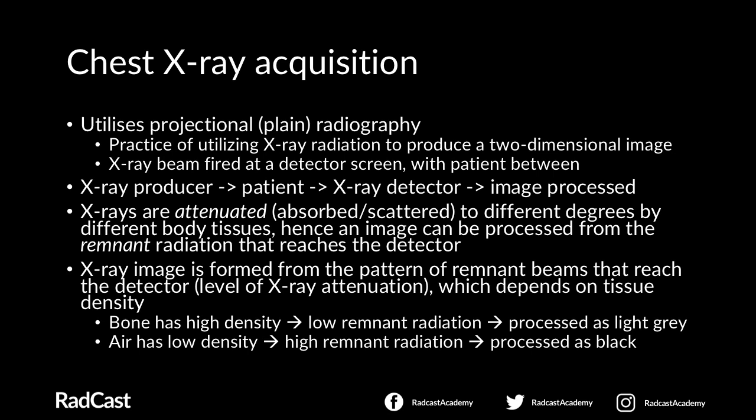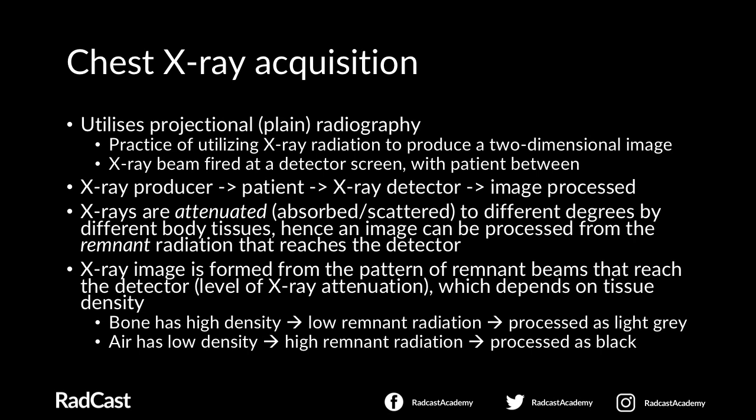In practice, in very simple terms, an x-ray beam, or let's say lots of x-ray beams, are fired at a detector screen which composes the end image, and your patient is placed in between the beam source and the image detector. Now, the resultant image that's processed is all based on the concept of x-ray attenuation. In essence, attenuation refers to the amount of x-ray radiation that is in some way absorbed or distorted by body tissue and hence doesn't reach the detector.